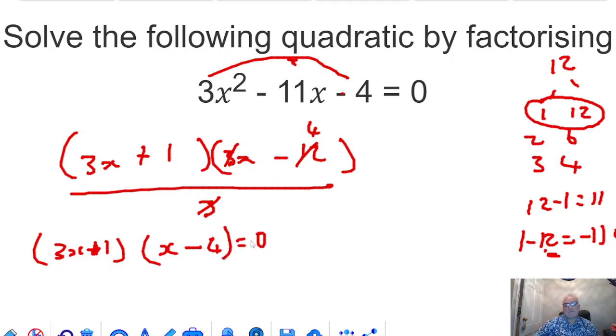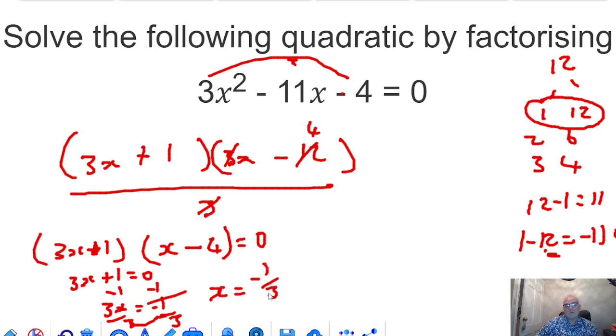Okay, and that's factorised. If we're now looking to solve it, okay, so 3x plus 1 equals 0. So if I take away 1 from both sides, 3x equals negative 1. Divide through by 3, so x equals negative 1/3.